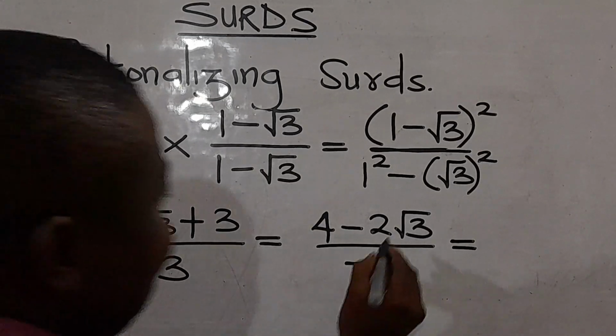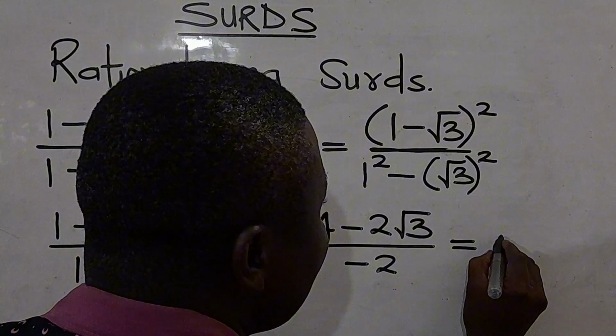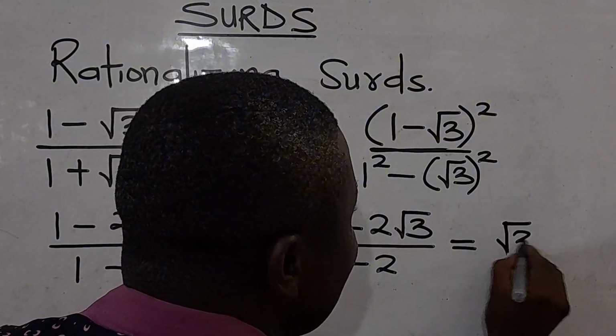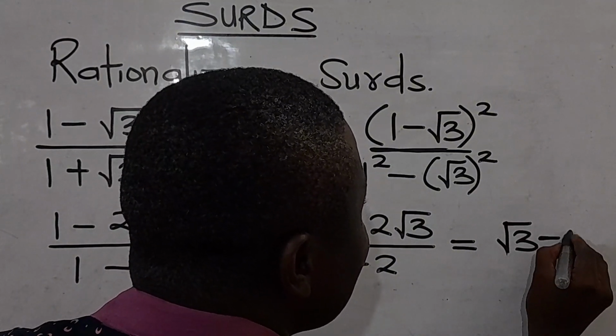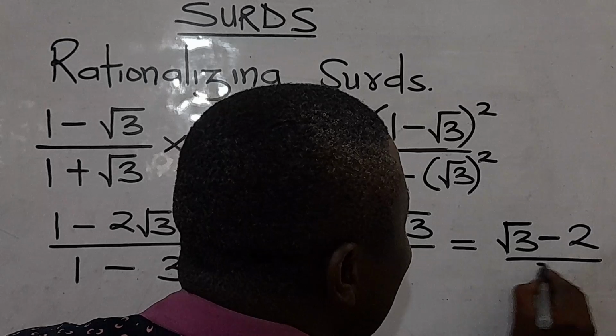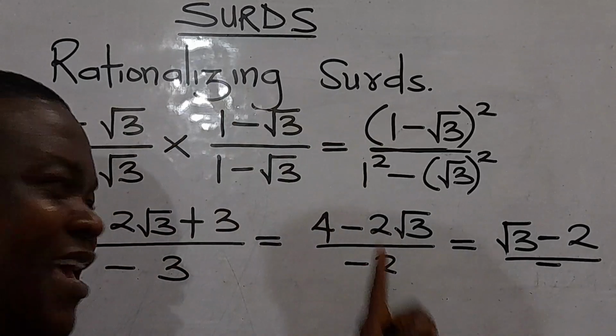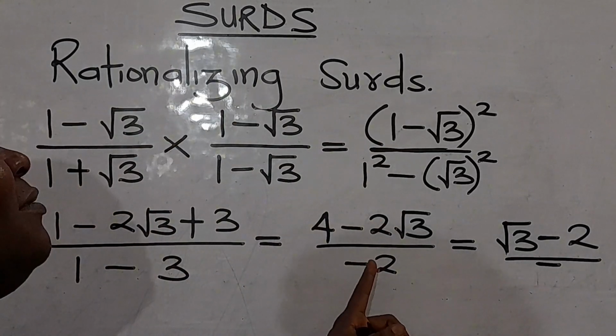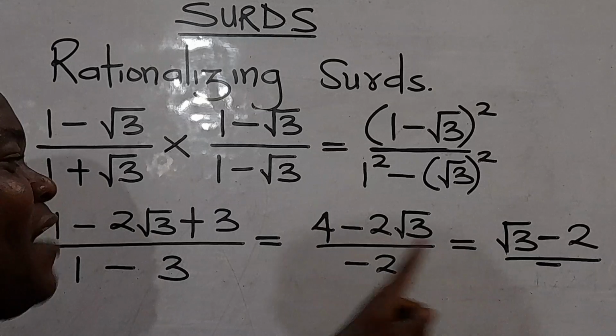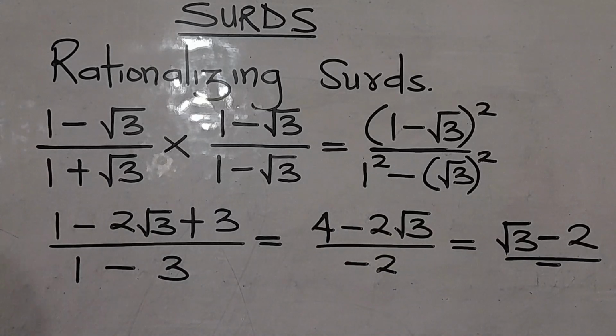So if I divide, my answer becomes root 3 minus 2. I want you to look at it and try and get how I simplify this to give me that. So that is the answer.